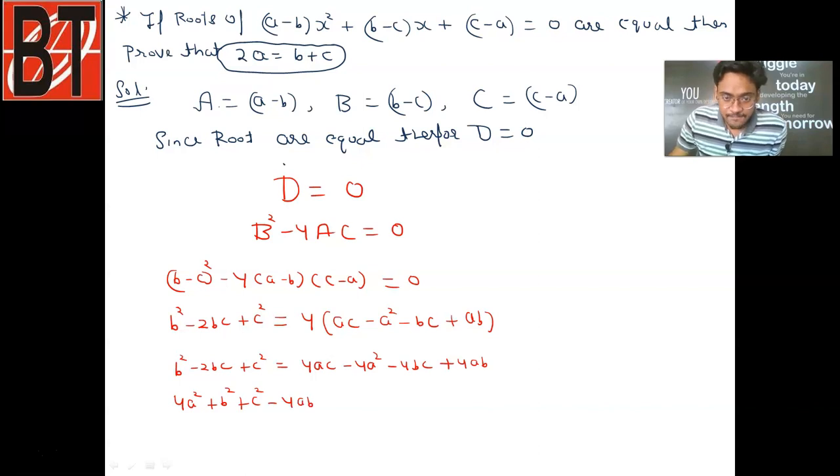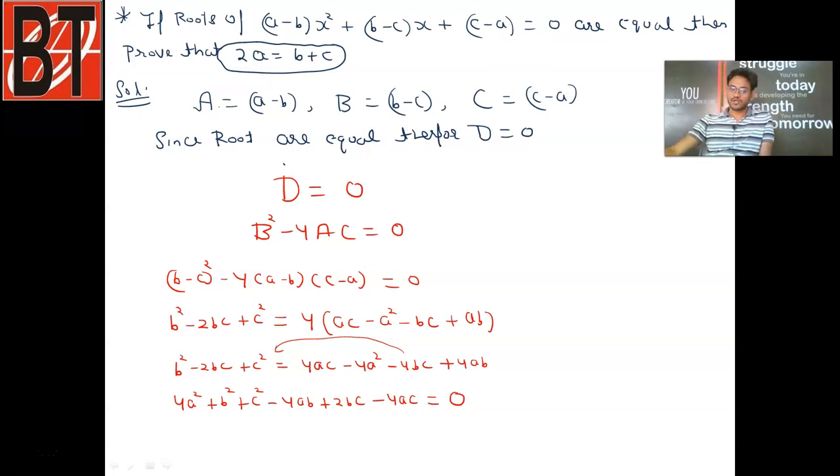This minus 4BC, when it comes to the left hand side, will become plus 4BC, and 4BC minus 2BC will become plus 2BC. And the final one is this plus 4AC; when I write it on the left side, it will become minus 4AC, equal to 0. No problem, students.